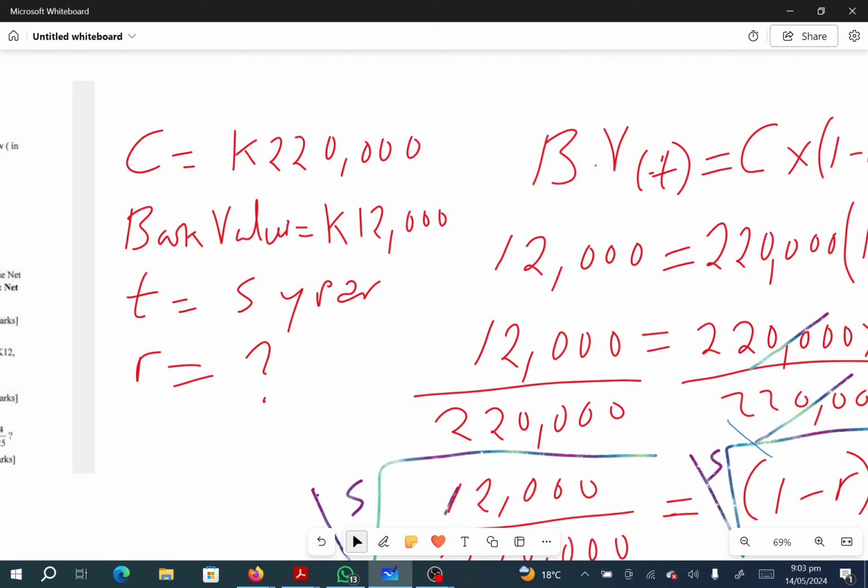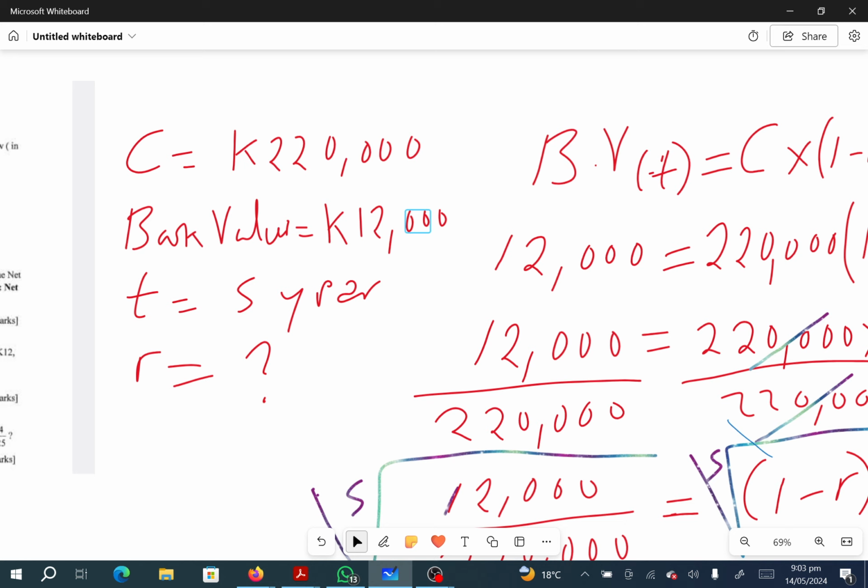Our initial cost was 220,000. Then after 5 years this asset reduced to 12,000 as the scrap value or book value.